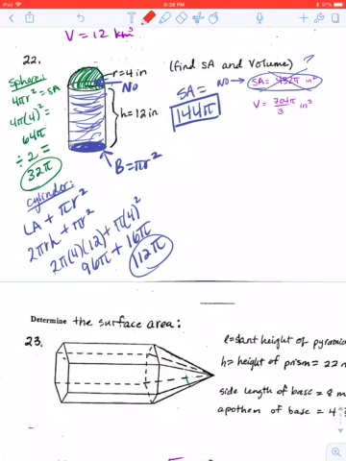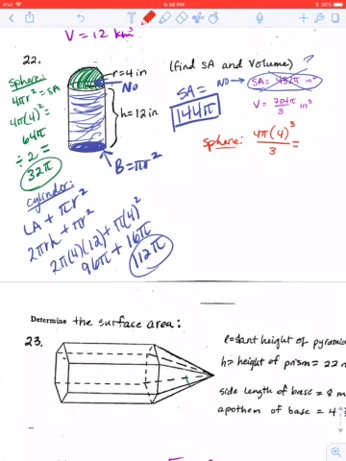Okay. So let's do volume of the hemisphere. I'm going to start with the sphere though, because that is easiest, and then we'll divide by 2. 4 pi times 4, oops, sorry, not squared, cubed, divide by 3.